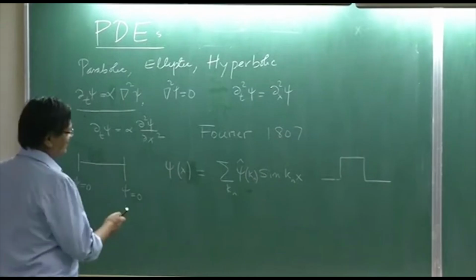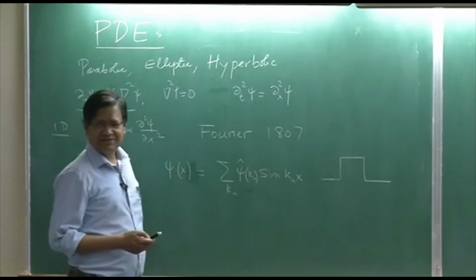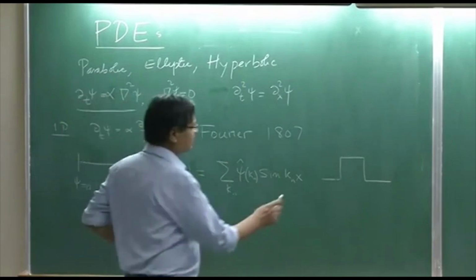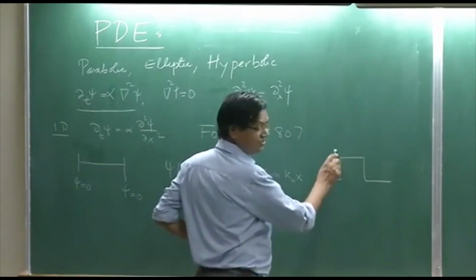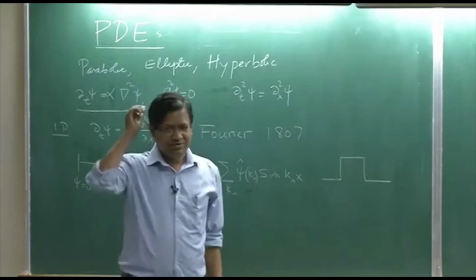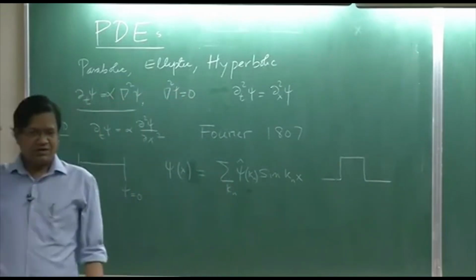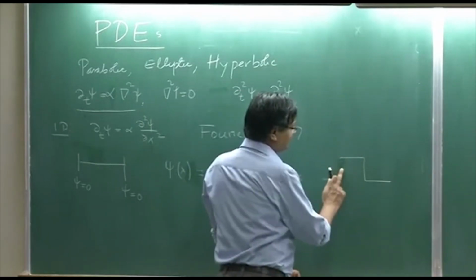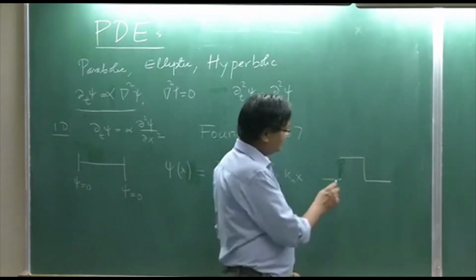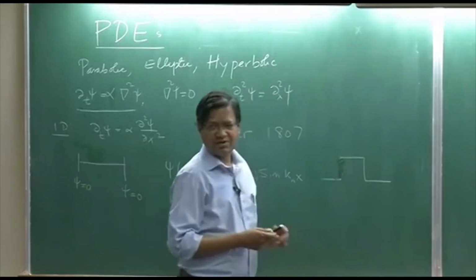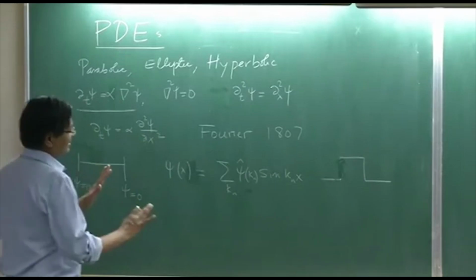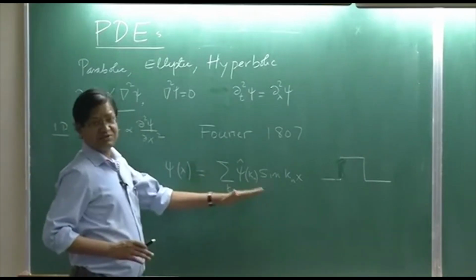Nobody believed it at that time. Why the discontinuity? There is a jump in the function at this point. The derivative does not exist; it has two values at this point. But it's a very important expansion.